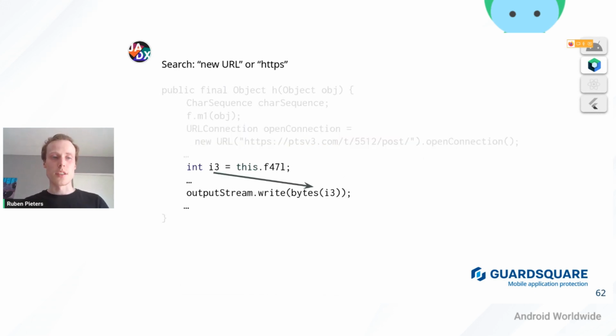But we can still see that when we create the output stream, there's a certain variable that gets converted into bytes and then goes into the actual output stream that goes out to the server. And so this is a neat little packaged function that we can actually hook and modify its behavior to have an easier approach of modifying what's going on in the app.